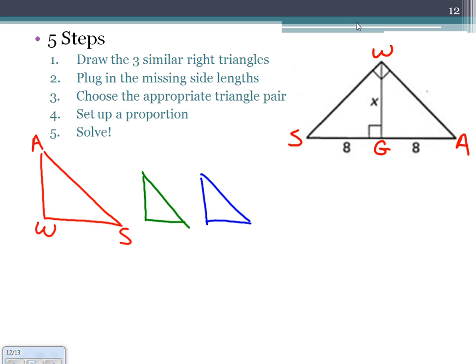George, what's my right angle for the green triangle? So it's going to be the right angle for one of the small ones. What is it? G. G, very good. Which one are you looking at, the left or the right? The left one, so he's using green as the left. What are your other two options for those triangles?